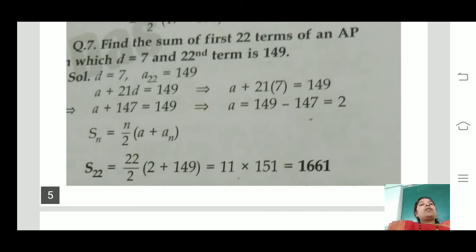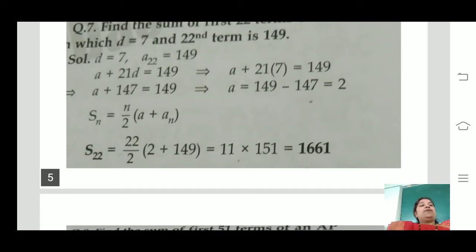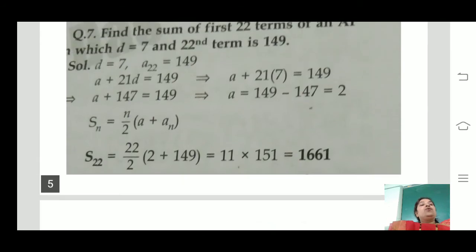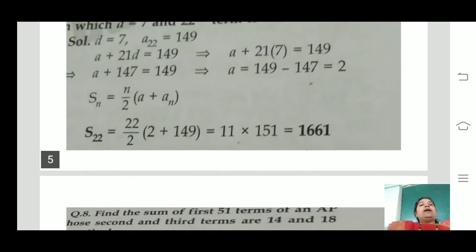Now Sn can be calculated by second formula, that is n by 2 in a bracket a plus l, that is 22 by 2 in a bracket 2 plus last term is given 149. After simplifying we get S22 equals to 1661, which is the required answer.